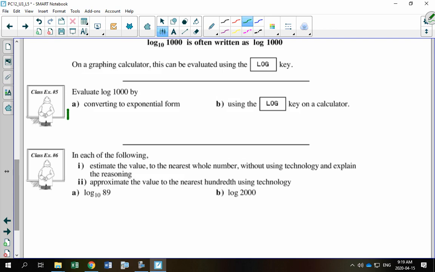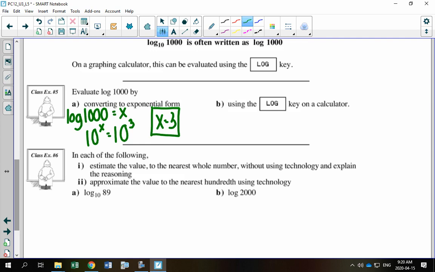So in number 5 here, evaluate log 1,000 by converting it to exponential form. Okay, so we'd go log 1,000 equal to x. The base is 10, so 10 to the power of x equals 1,000. 1,000 would be 10 to the power of 3, so x is 3.